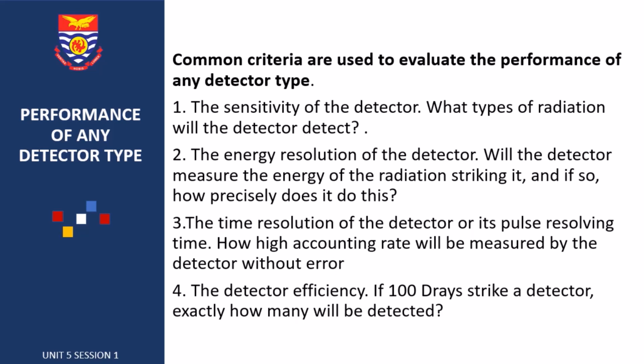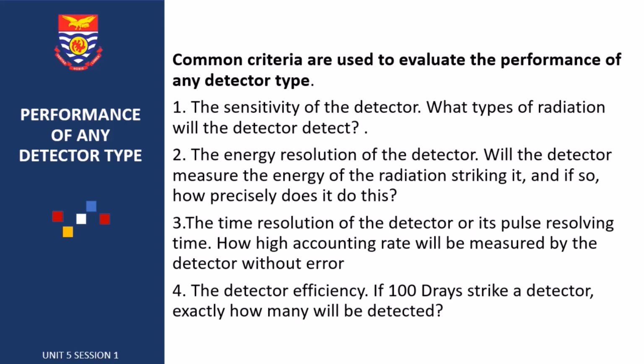We must also look at the energy resolution of the detector. So the question we ask ourselves is, would the detector be able to measure the energy of these radioactive radiations that are striking it? And if so, would it be able to precisely measure these radiations? We must also look at how much radiation these detectors can measure without any error.